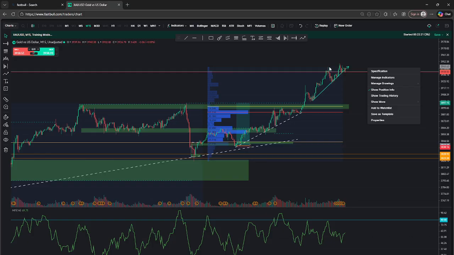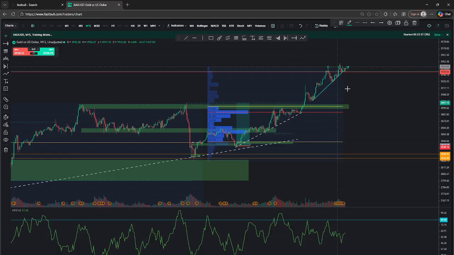But as the price is going higher, the indicator is moving lower. So here you see price is moving higher, but you're not creating high highs, you're kind of failing to create a new high. So we can have a correction anytime from here.